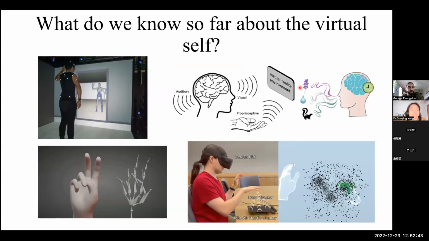So, what do we know so far about the virtual self? What have we seen? We know that synchronicities between user motor signals and the feedback of the virtual signals are important, so mapping those commands onto the virtual self. You might say the virtual body being in line with the user's position, the user's movement, and the touch that they should feel according to their physical movements is important.